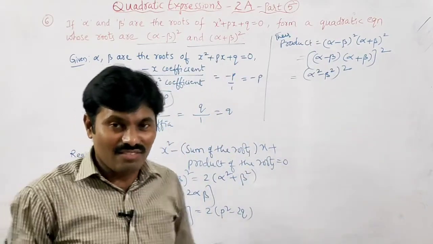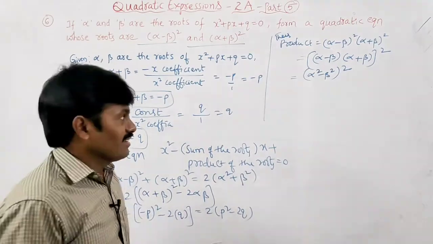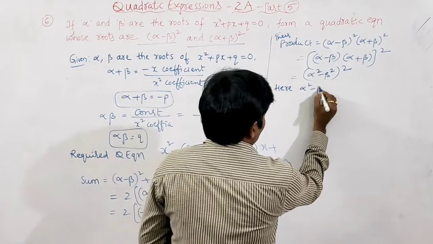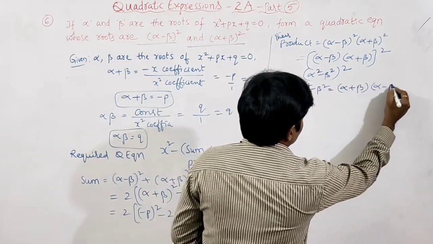Do you know the value of alpha square minus beta square? No, we don't know. Then how to find it? Here alpha square minus beta square can be written as alpha plus beta into alpha minus beta.